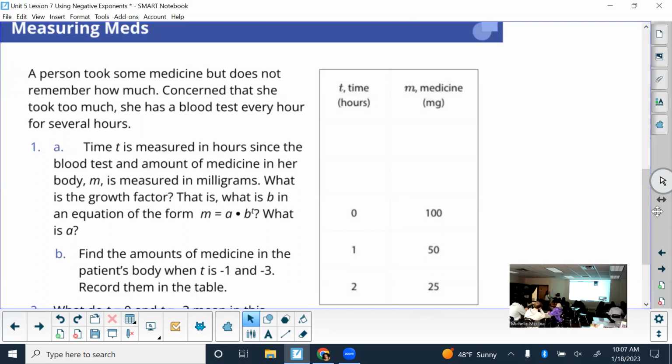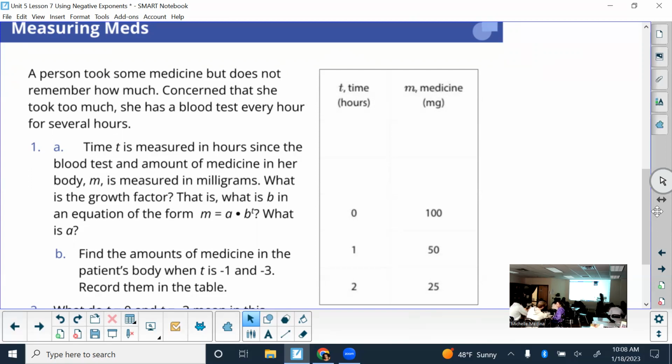Okay, so it doesn't tell me anywhere in the problem that it's doubling, tripling, or going down by 40%. It doesn't say that, right? But what does it give me? A table. And the time would be my input, and the medicine would be my output.